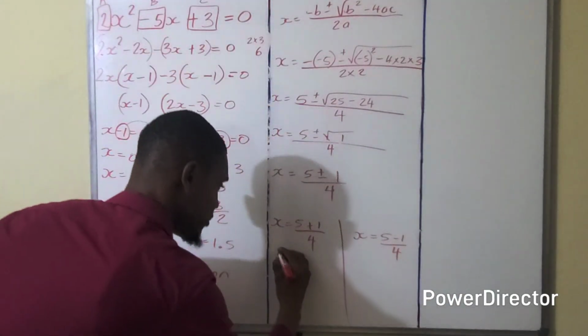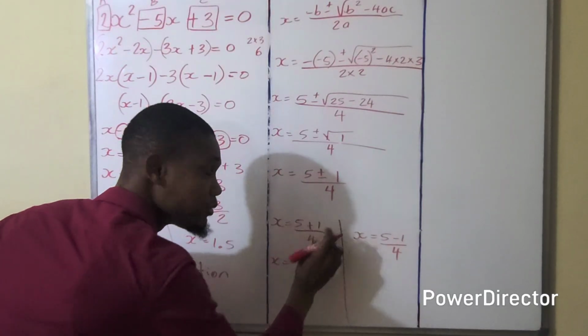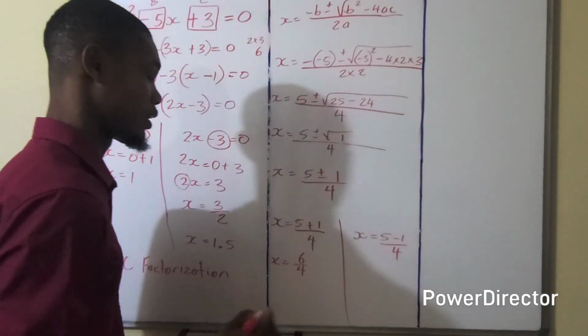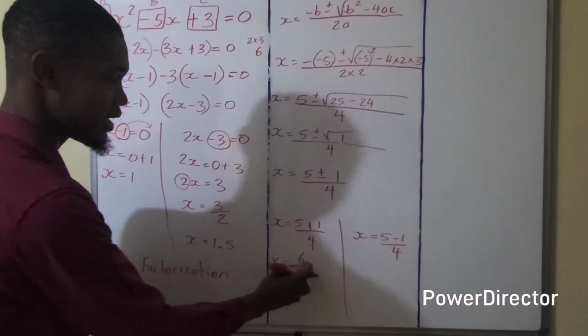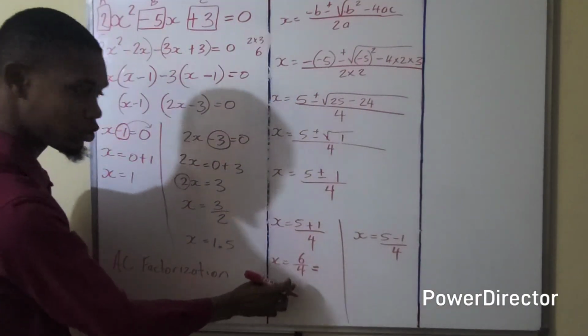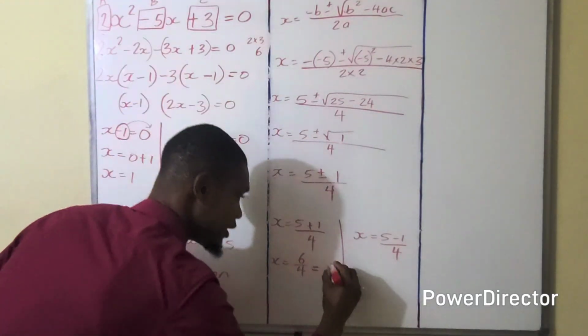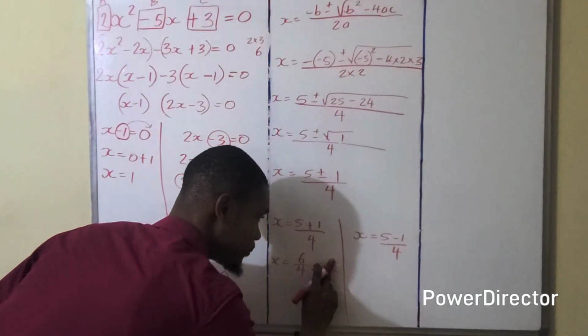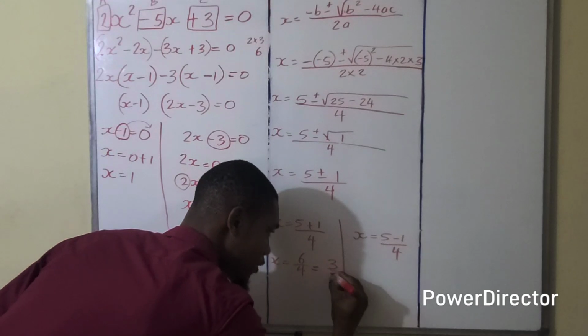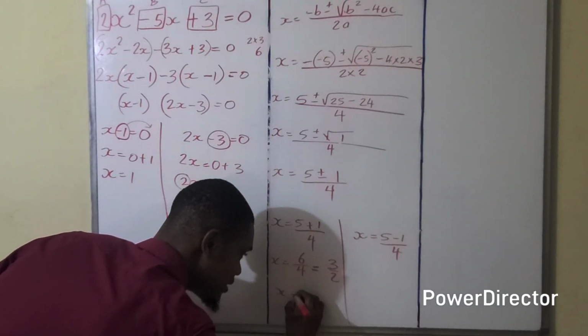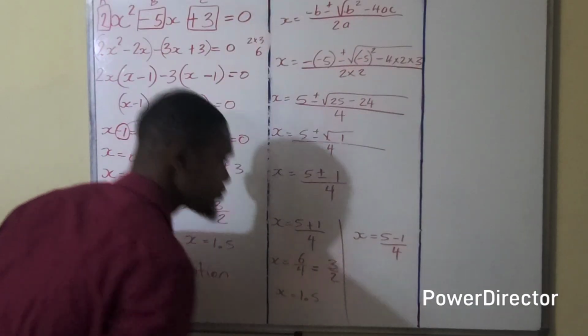And then you start to work them out. So x equals 5 plus 1, we get that as 6 over 4. And you can simplify this to say 2 can go into both. So 2 can go into 6, 2 can go into 4. So you can get 3 over 2. And you know that this being a decimal would still be x equal 1.5.